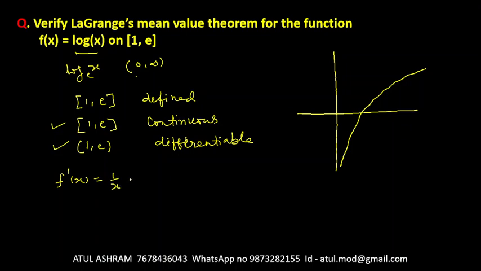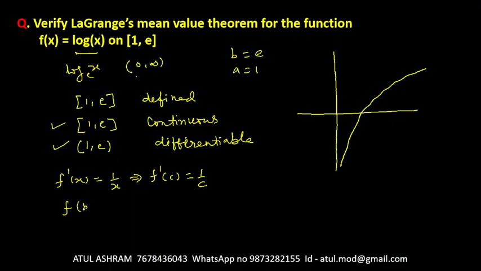This implies f'(c) is 1 by c. Fine. Now, (f(b) minus f(a)) divided by (b minus a). What is b? Our b is e. Our a is 1.